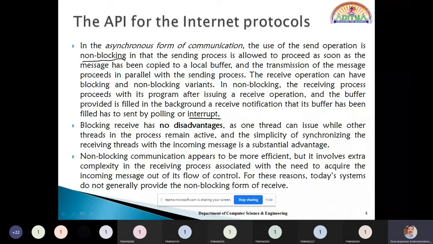Now in blocking receive, one thread can issue the receive while other threads in the process remain active. Because every process may have a set of threads, one thread will issue while other threads in the process remain active, and the simplicity of synchronizing receiving threads with incoming messages is substantially guaranteed.